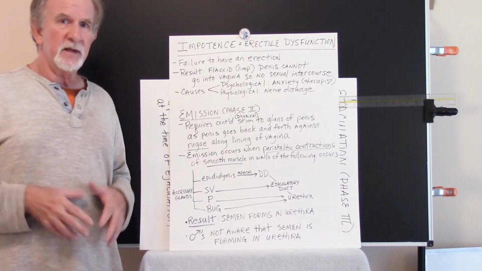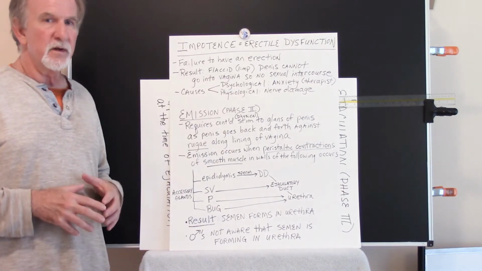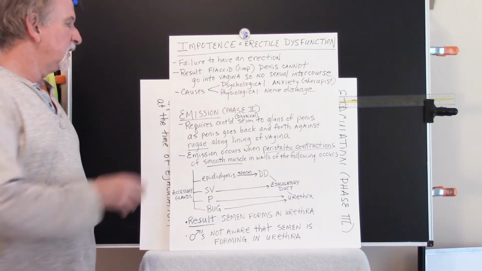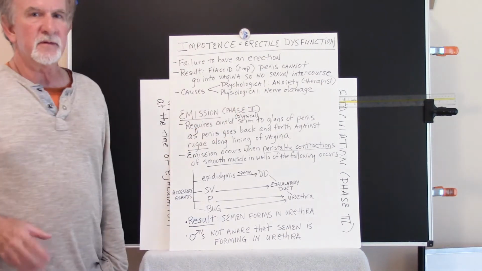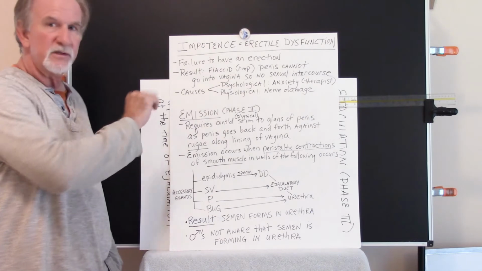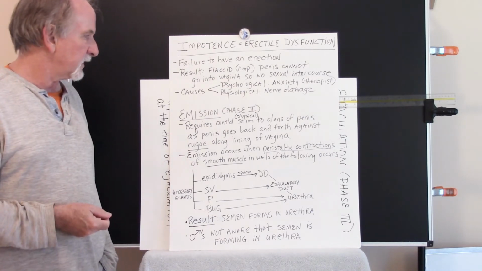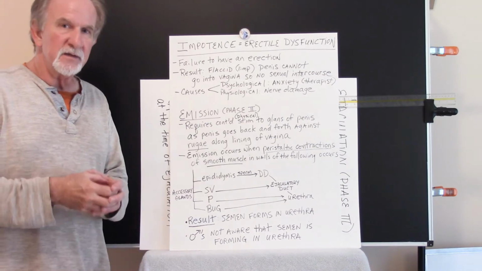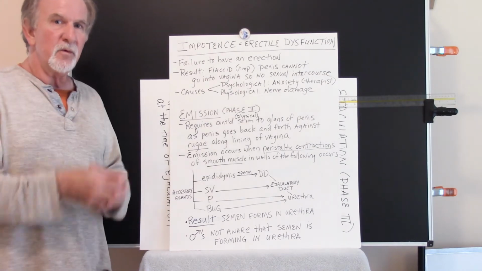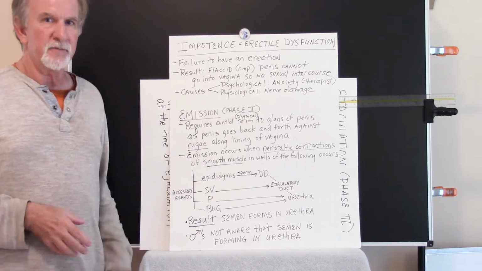Okay, we're going to move on next to emission, or phase 2. Emission requires continued stimulation to the glans of the penis, and that occurs as the penis goes back and forth in the vagina.